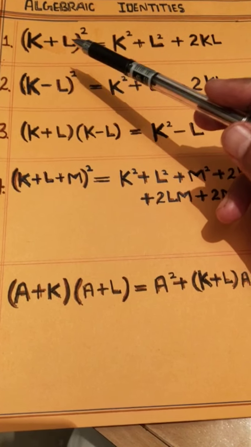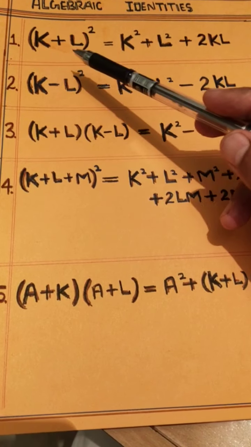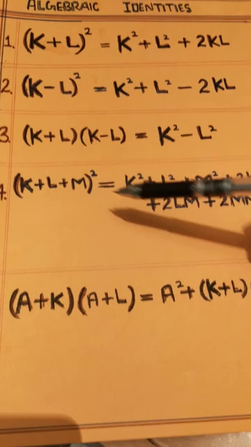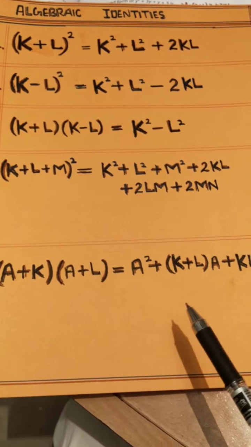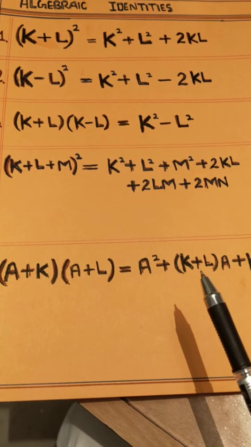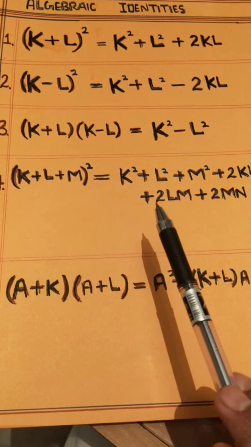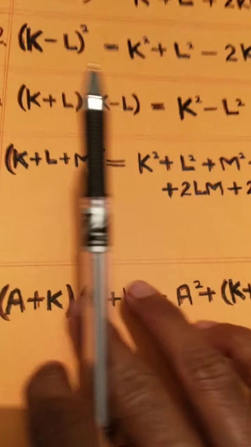Suppose this is your identity, (K plus L) whole square. It can be written as (K plus L) into (K plus L). This is a small activity for you. Up to Friday you have to complete this activity. Either you can take a white sheet or a page.